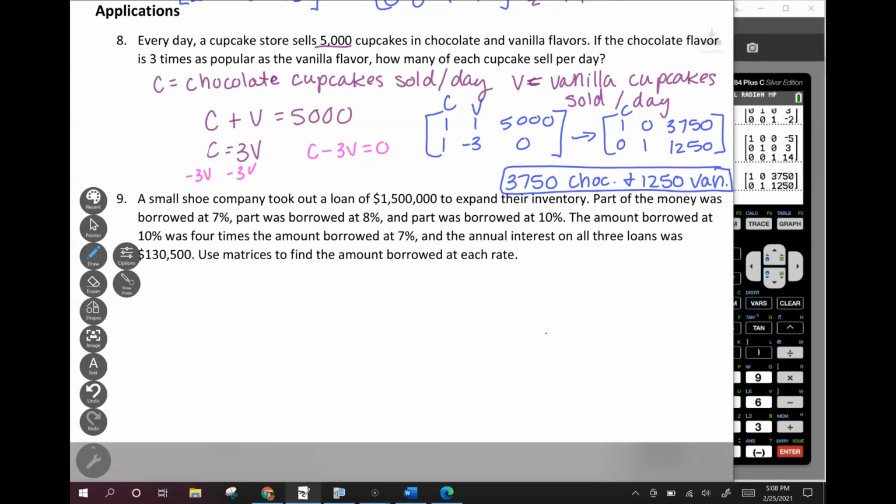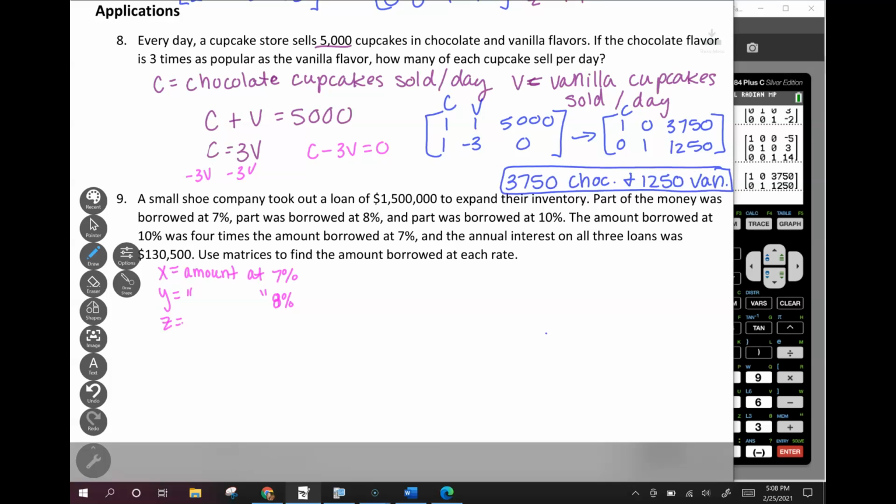So I'm just going to let X be the amount borrowed at 7%. Y is going to be my amount at 8%.